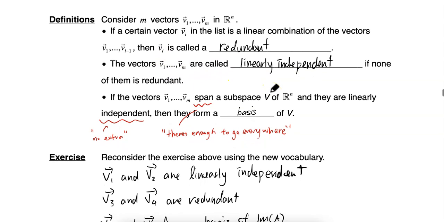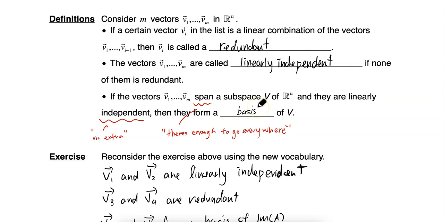And finally, to define what a basis is: if we have vectors v1 through vm, and if they span a subspace, so this means there's enough vectors to go everywhere in the subspace, that's condition one. And secondly, they are linearly independent, so none of them can be found using the others, then they form a basis of the subspace.